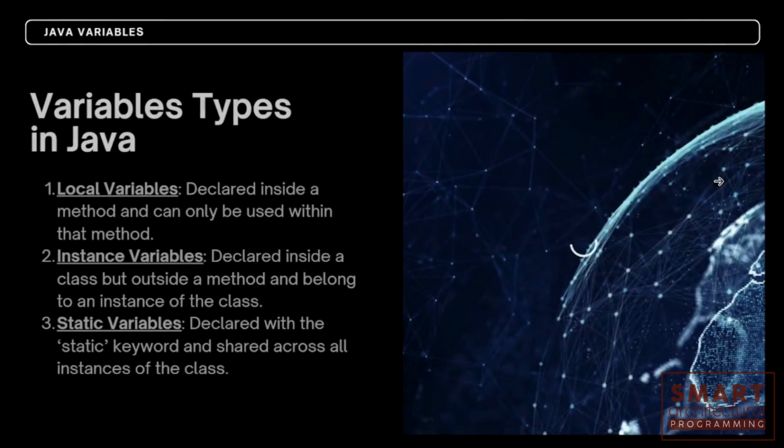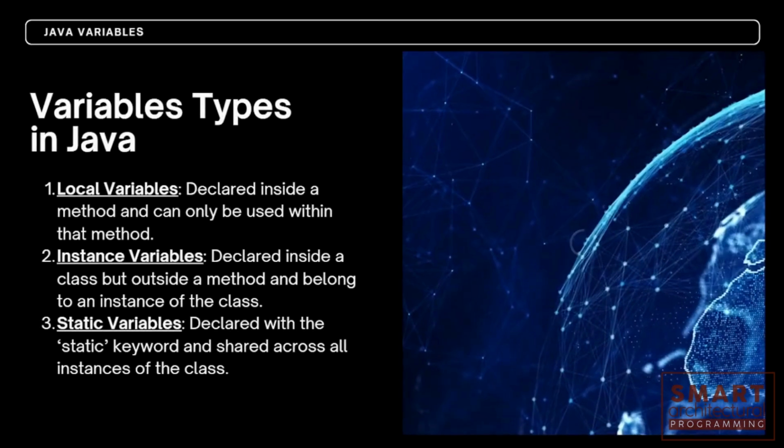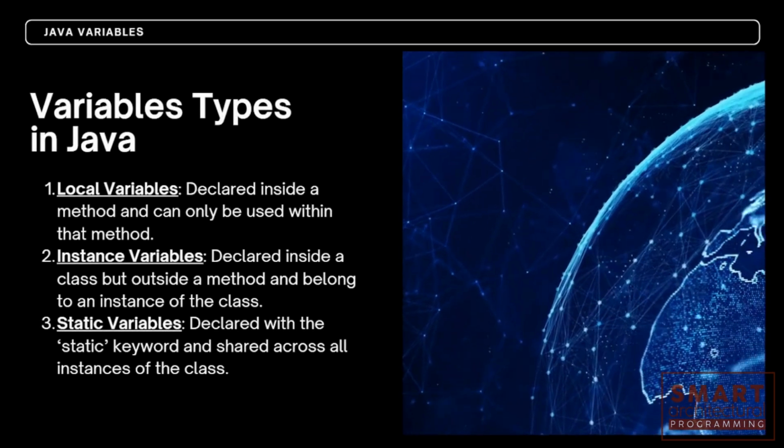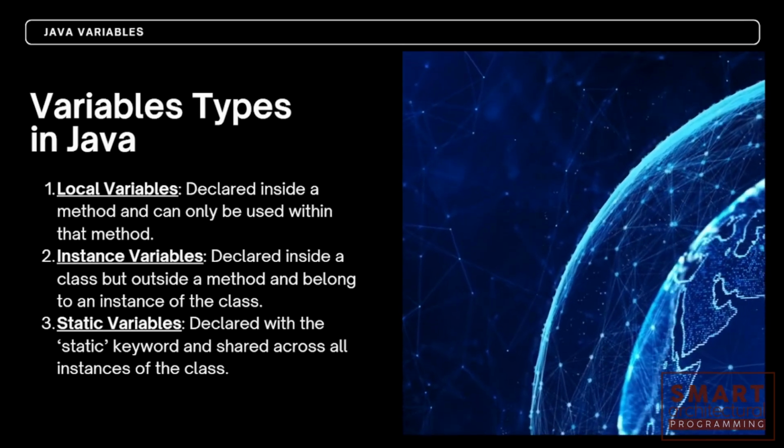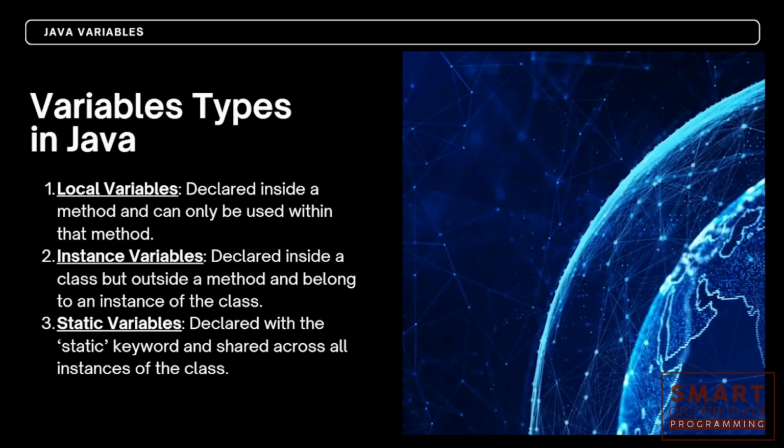Then we have variable types in Java, basically. So in Java, variables can be categorized into 3 main types: local variables, instance variables, and static variables. And understanding those 3 variable types is going to be essential if you want to get better at dealing with variables in Java. So local variables are declared inside a method and can only be used within that method.